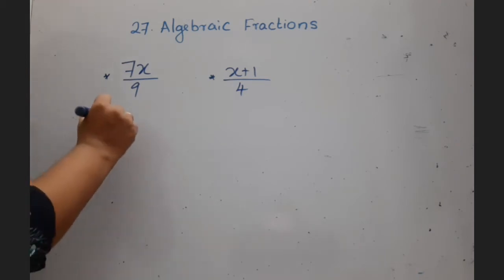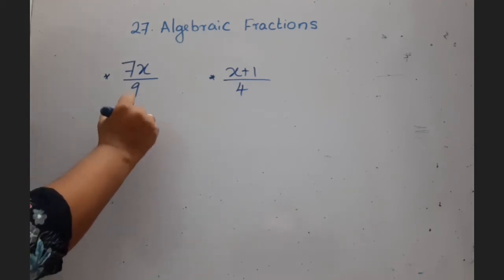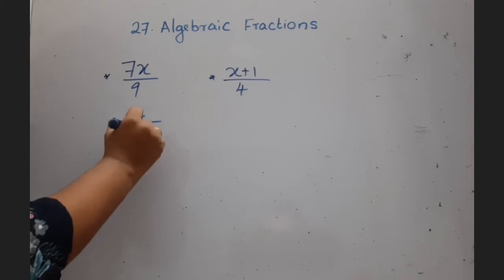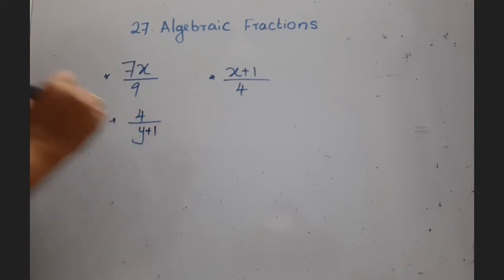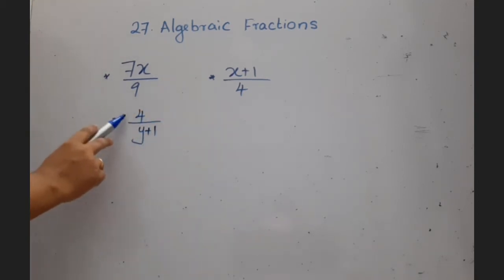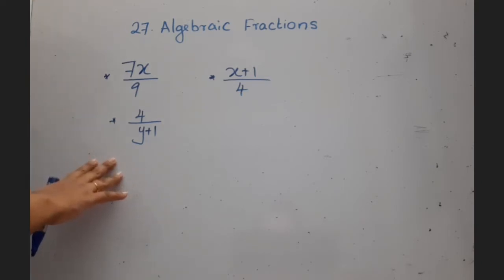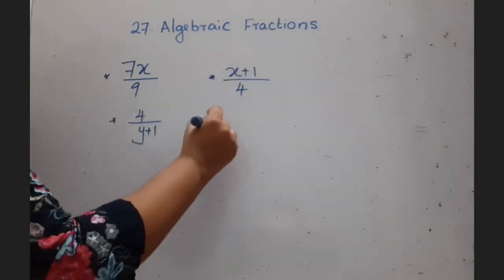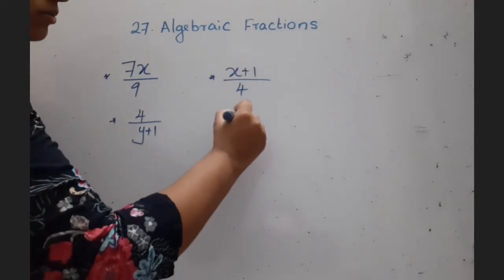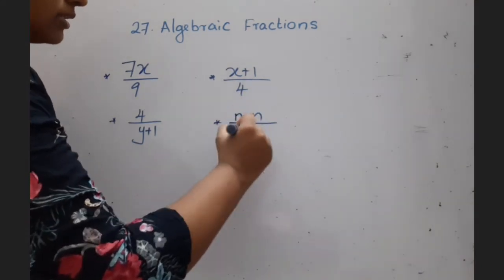To give you some more examples, look at this. Even though the numerator doesn't have an algebraic symbol, the denominator has an algebraic expression. So this is also an algebraic fraction. And what about this?